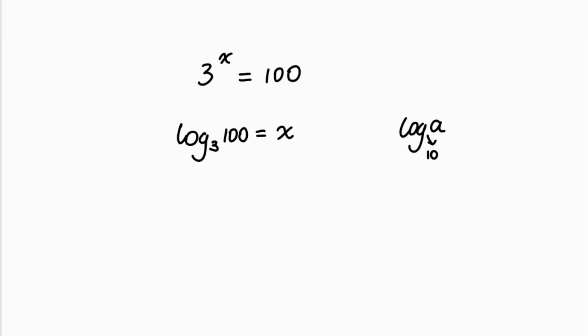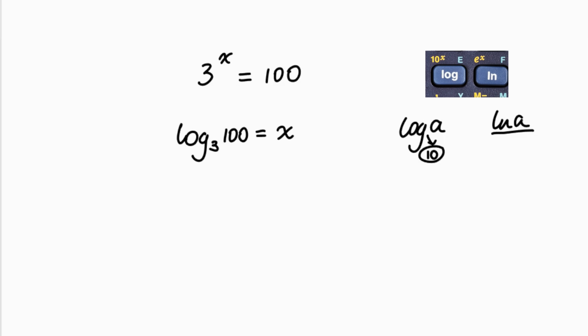The base here is 10. And if you want to change the base, I will show you how to do that in a second. There is another button on your calculator. It's ln, and this is a natural log. You're not going to use it until later in math. So for now, you will have to use the log button.